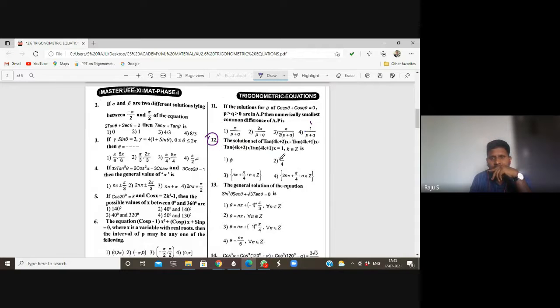Okay, when I take x is equal to pi by 4 and substitute here, in place of x pi by 4, what is tan of (4k+2) into pi by 4?